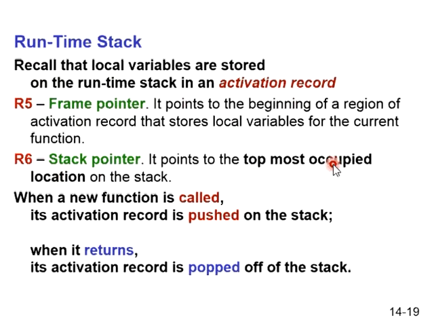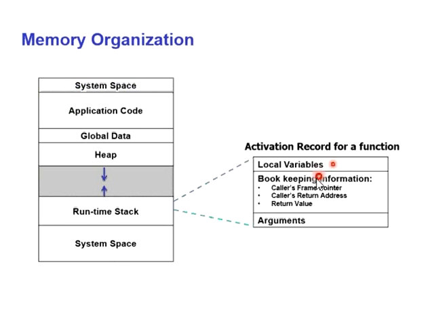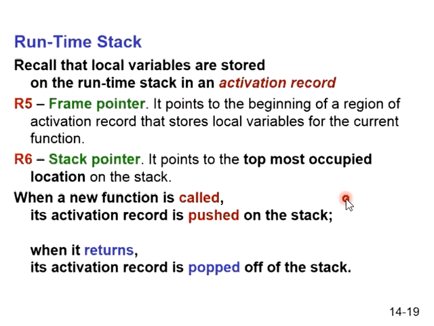With the runtime stack, I give you some points. You need to store the caller's frame pointer, or return address. Here you have the frame pointer and the stack pointer. Normally we use a register for storing the address of the top of the stack.